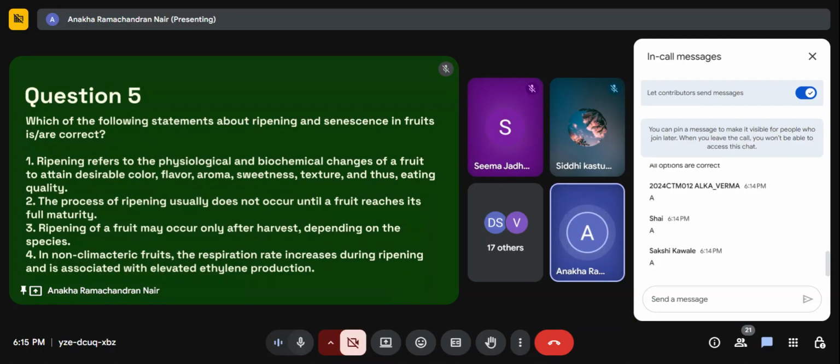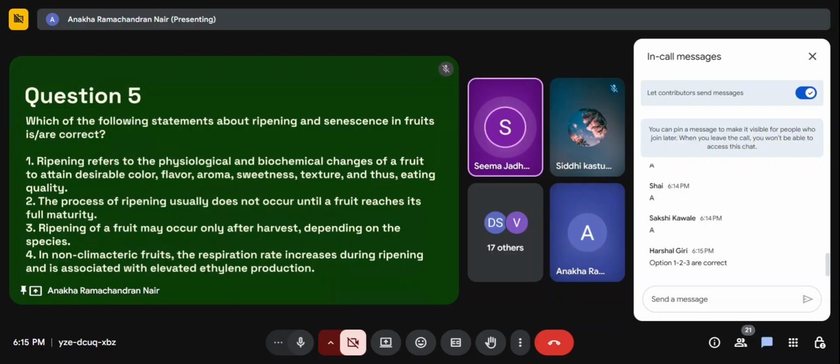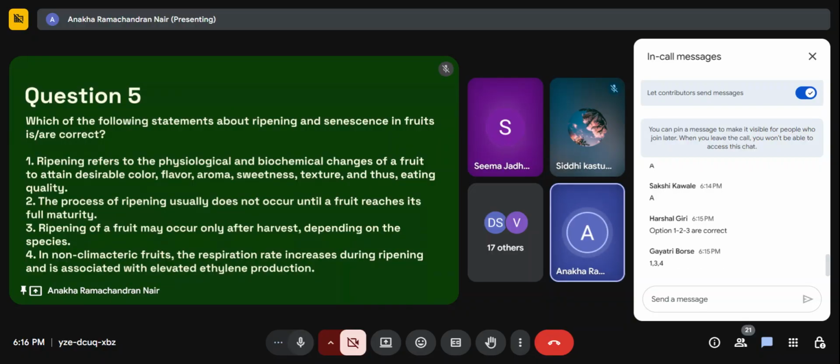Option three is ripening of a fruit may occur only after harvest depending on the species. And option four, in non-climacteric fruits, the respiration rate increases during ripening and is associated with elevated ethylene production. So again, there can be multiple correct answers. 1, 2, and 4.